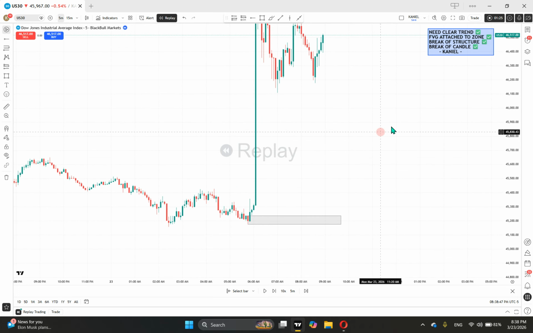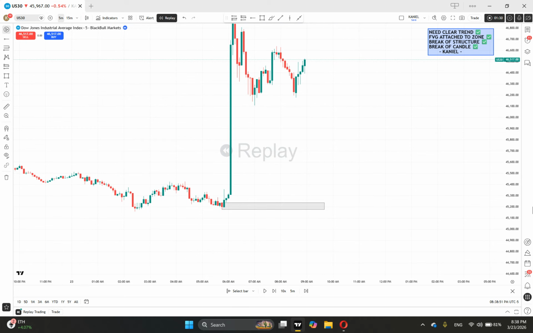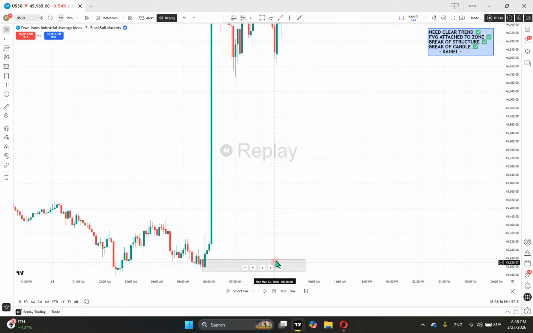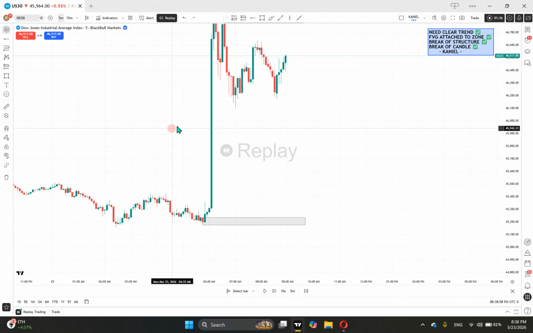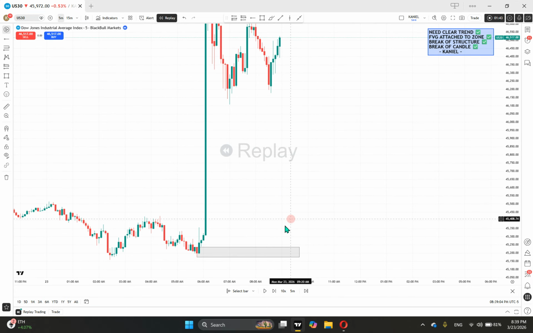It broke out of a sell trend and into a buying trend. So I was hoping for the 9:30 push to bring it all the way down, but because of this impulsive candle, 9:30 did nothing. So I was looking for price to come down here.